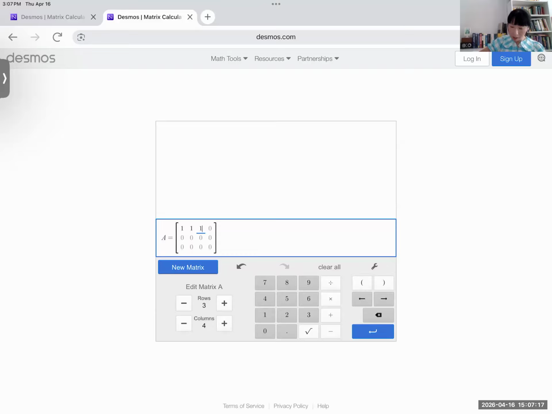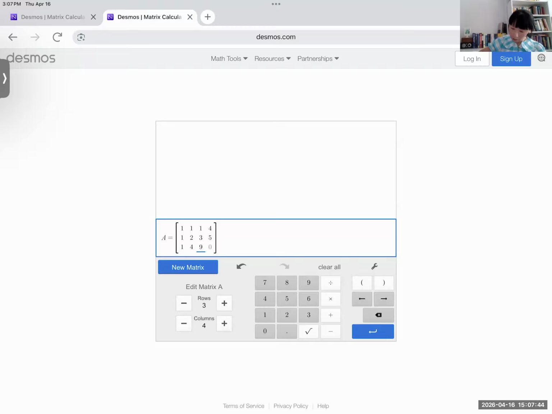That's the y, and then it's a 4, and 1, 2, 3, and 5. And 1, 4, 9, and 9.